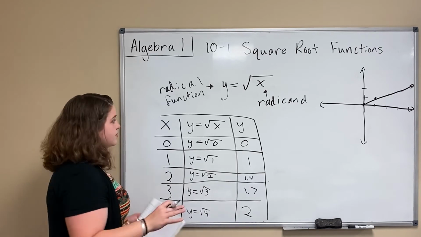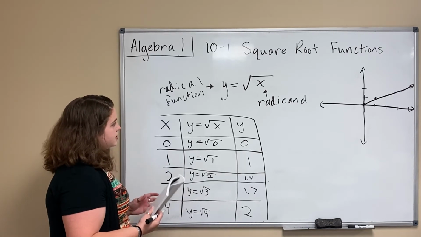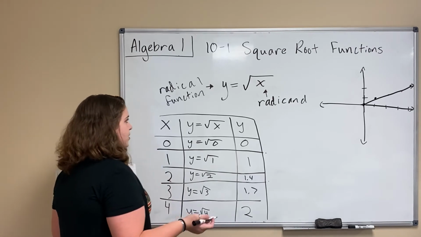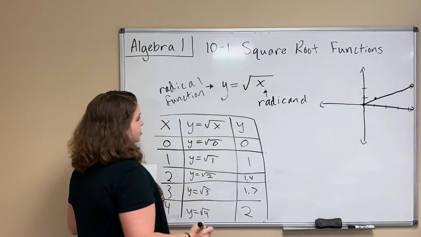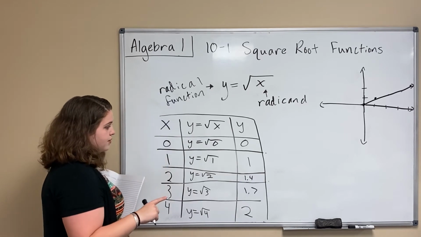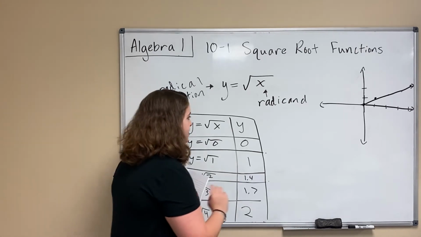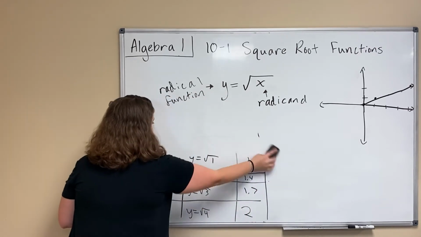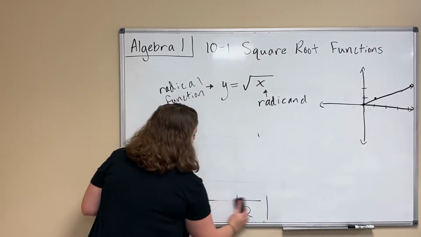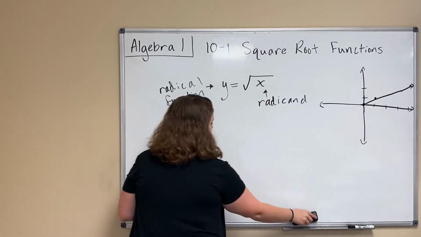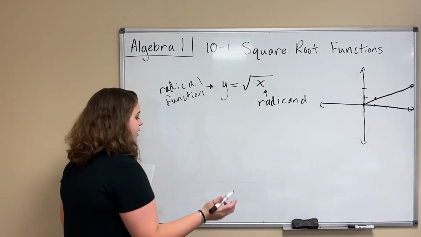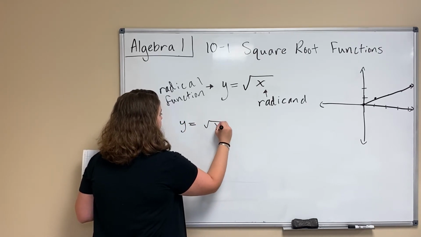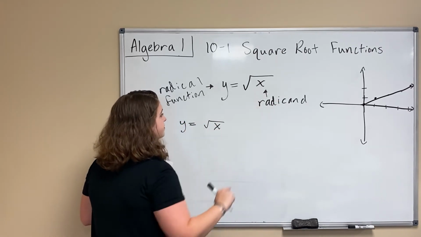Hopefully that makes sense. Now, just like when we did quadratics and we practiced all the different ways that adding something to the equation changes the graph, we're going to look at what that means with radical functions as well, square root functions. First things first, we have our base function y equals the square root of x, and it looks like that.